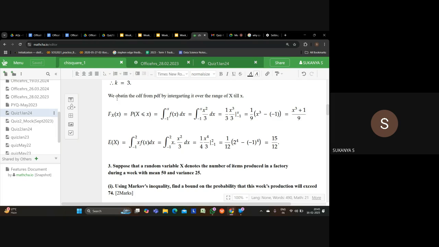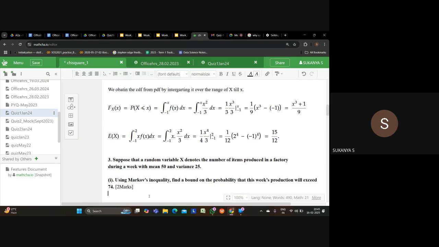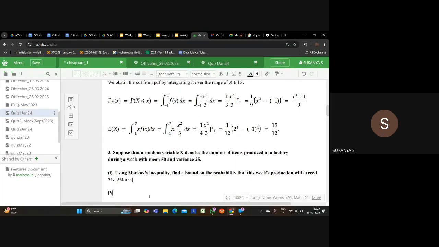The Markov inequality is probability of x greater than or equal to c, which is less than or equal to mu by c. Not just greater than, right? Okay, ma'am. So greater than or equal to c will be less than or equal to mu by c. This is what Markov inequality says to us.